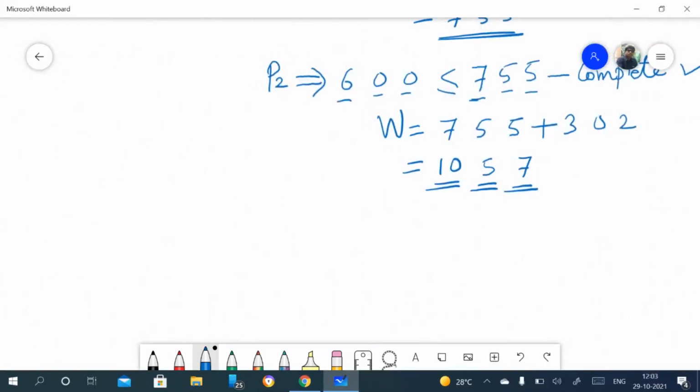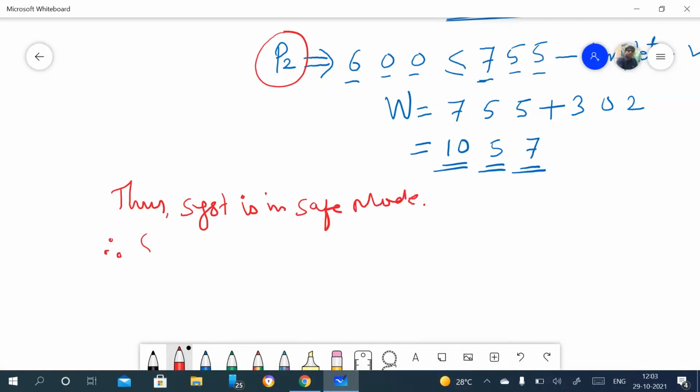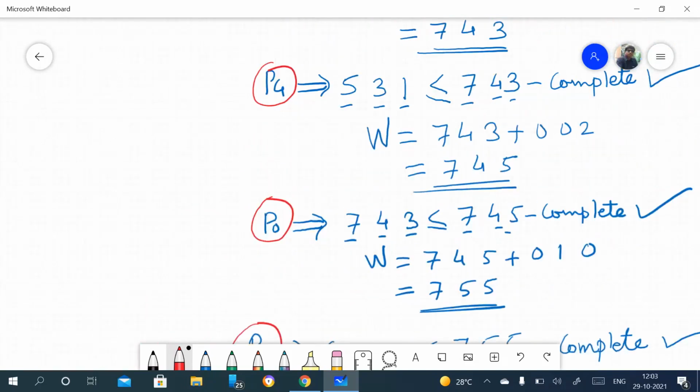So here we can say the system is in safe mode, right? Therefore, what is the safe sequence then? Which executed first?